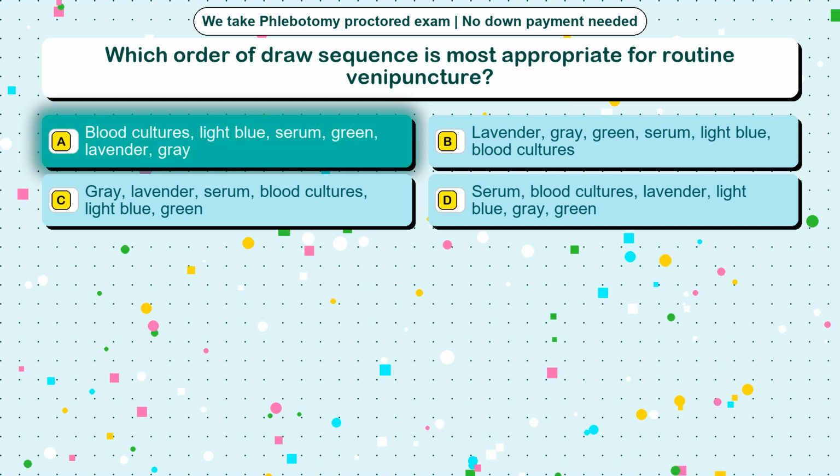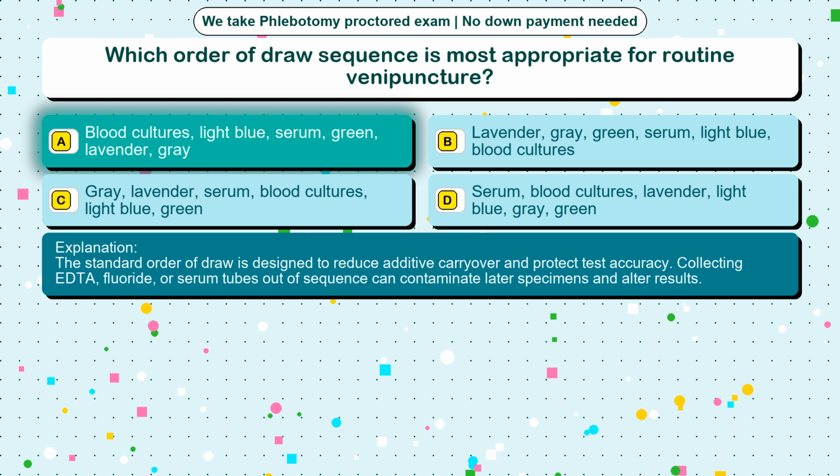The correct answer is option A. Blood cultures, light blue, serum, green, lavender, gray. The standard order of draw is designed to reduce additive carryover and protect test accuracy. Collecting EDTA, fluoride, or serum tubes out of sequence can contaminate later specimens and alter results.